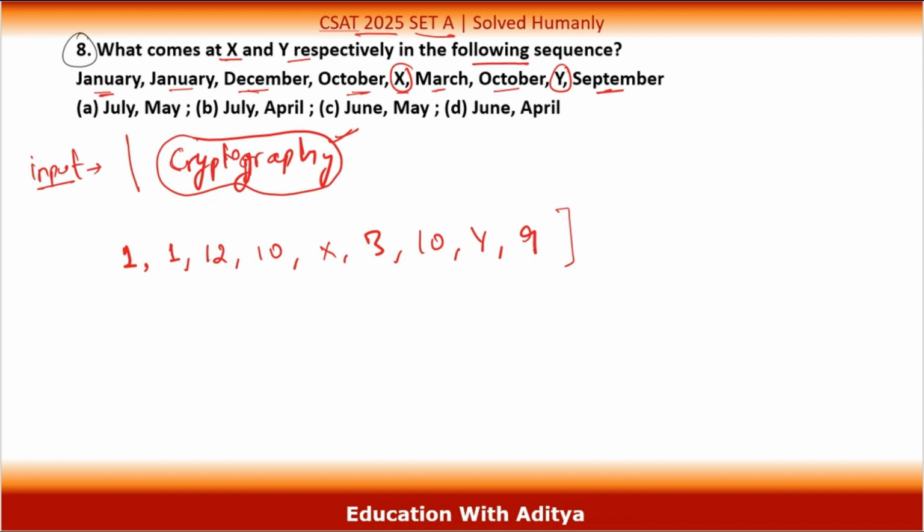If I look closely, I can see that 1 minus 0 is 1. And if I subtract 1 from this, 1 minus 1 would be 0. But as we are working with the months of a year, we cannot go to 0. So what they have done is gone back to the last month.